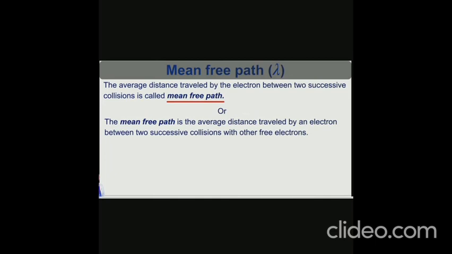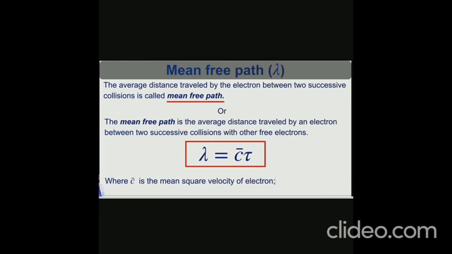Lambda can be written as lambda equals c bar times tau, where c bar is the mean square velocity of the electron, and c bar equals the root of 3 kB T divided by m. Here kB is the Boltzmann constant, T is the temperature, and m is the mass.